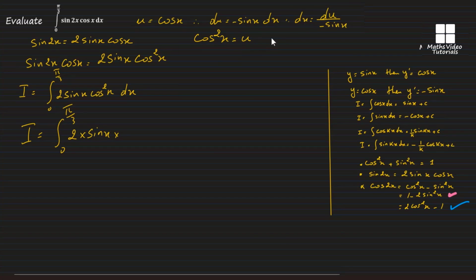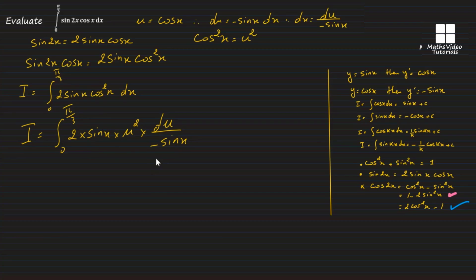That's what I'm trying to do here. Write it down properly: the cos squared will turn to u squared, and dx will turn to du over minus sine x. And this is where the sine will disappear, and that's what usually happens with substitution.